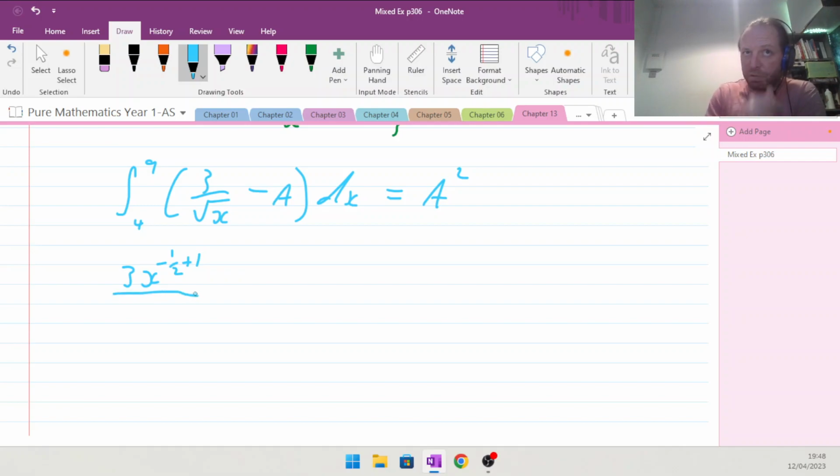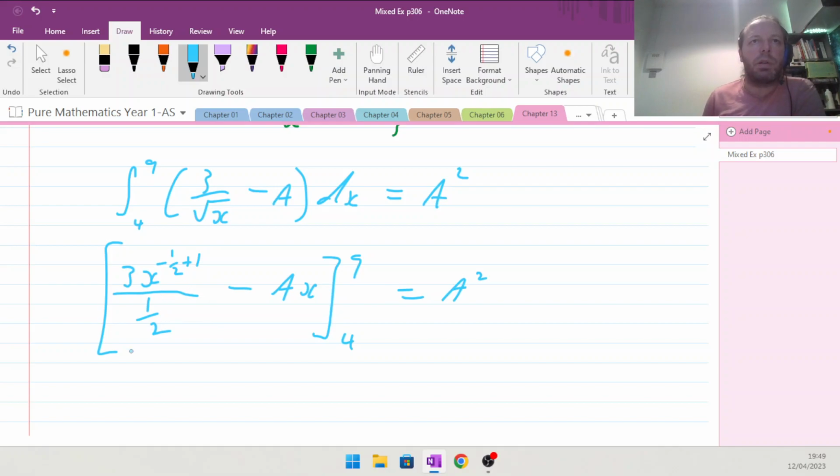Minus a half plus 1 is just a half. Okay, divided by a half, minus ax, and that's all inside the limits 9, 4, waiting to be evaluated, equals a squared.